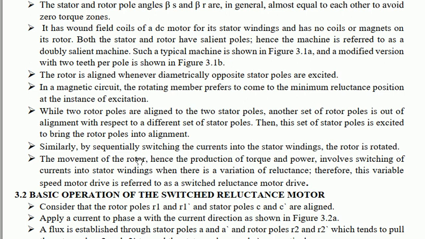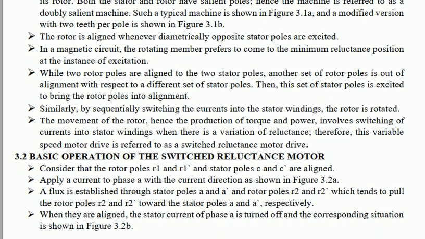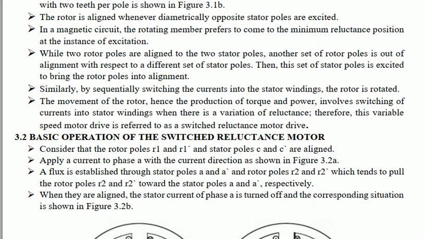Similarly, by sequentially switching the current into the stator windings, the rotor is rotated. The movement of the rotor, hence the production of torque and power, involves switching current into the stator windings when there is a variation of reluctance. Therefore, this variable speed motor drive is referred to as a switch reluctance motor drive.